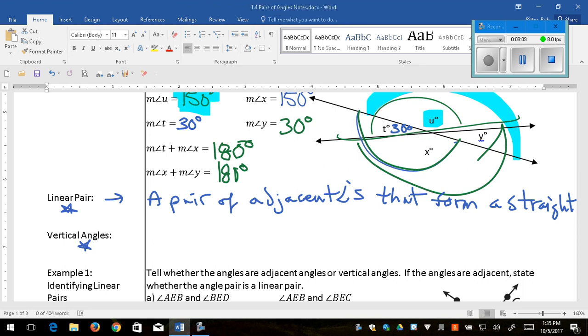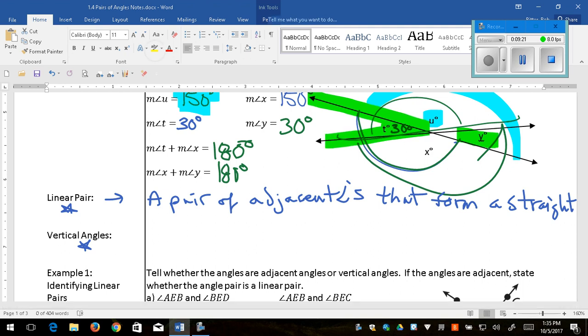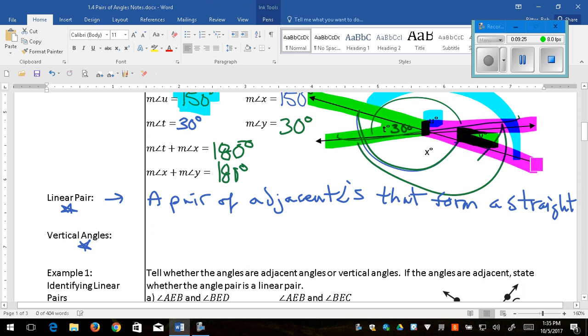So vertical angles, at least in this picture, would be the 30-degree angle and angle Y. If I trace that angle and then I trace this angle, they actually point right to each other, and it turns out they will always be congruent as well. Notice angle Y was 30 degrees, and so was angle T.